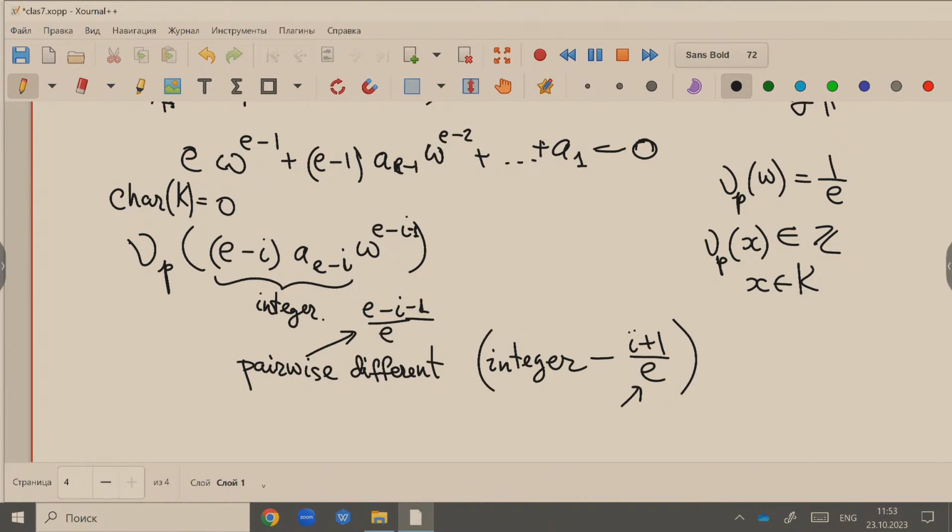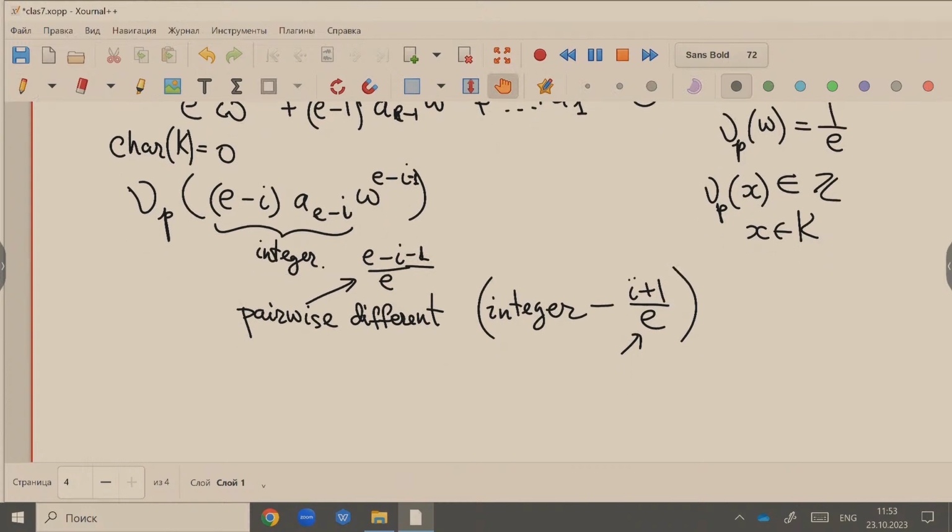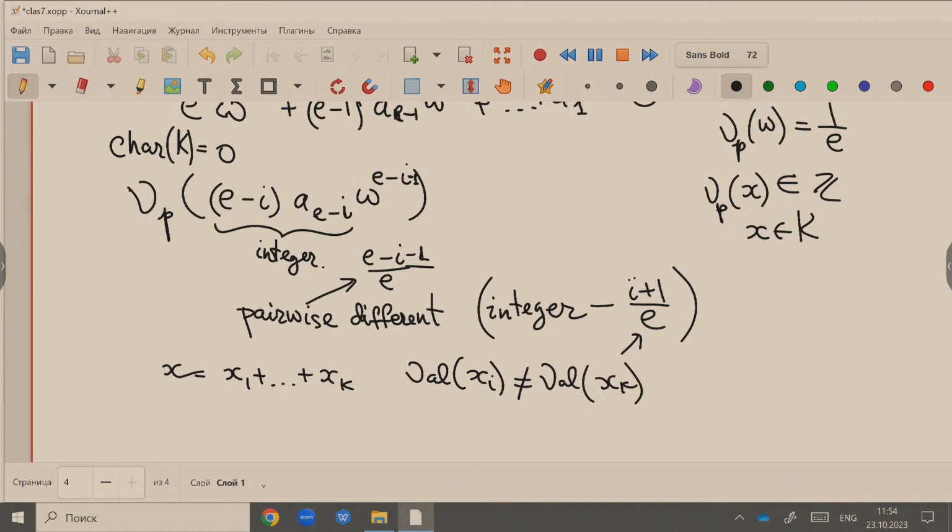This implies that if you have an element x equal to x_1 plus etc. plus x_k, where the valuation of x_i is not equal to the valuation of x_j pairwise, then the valuation of x is just the minimum of all the valuations.